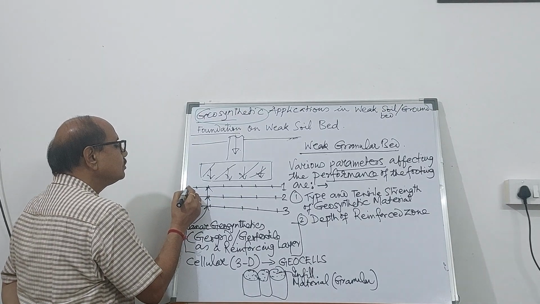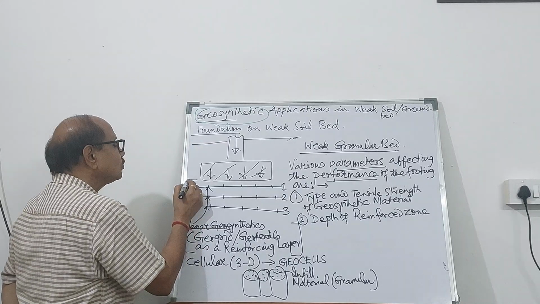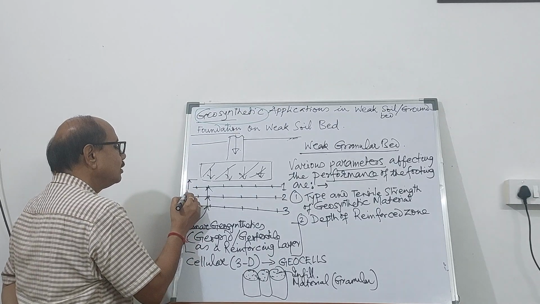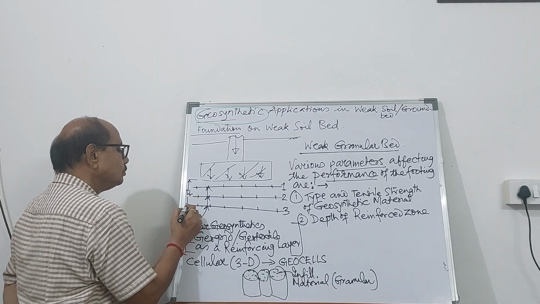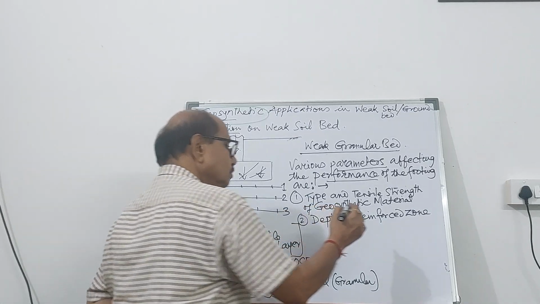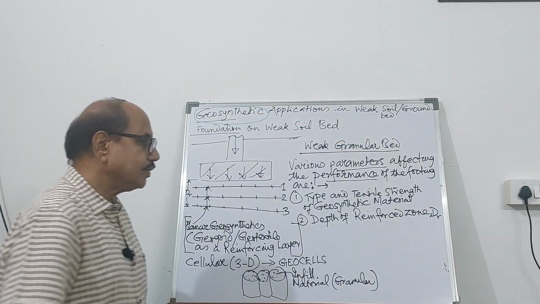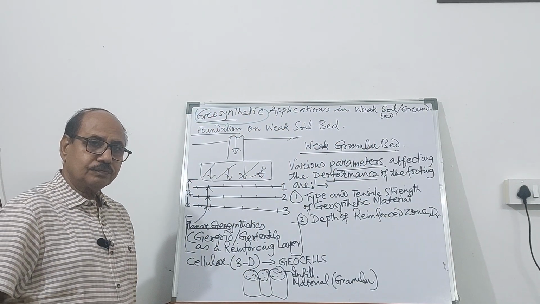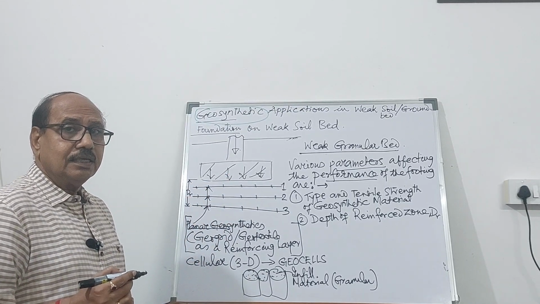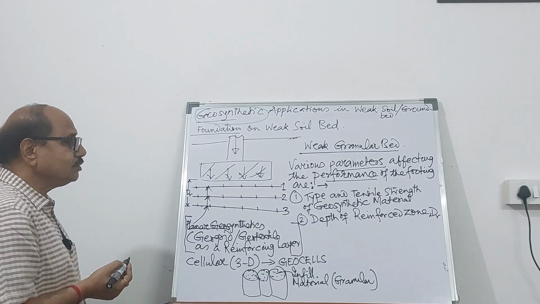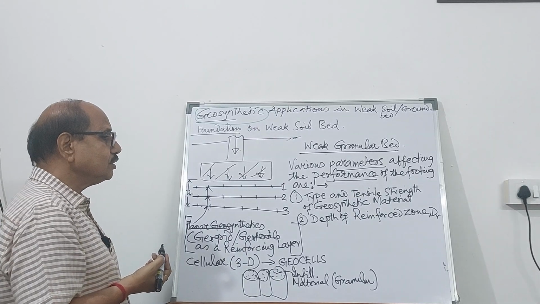This is the depth below the base of the footing up to the bottommost layer. This is called the depth of reinforced zone. What is the width of this reinforcement? That's also important. What is the vertical spacing between the reinforcement? That's also important.